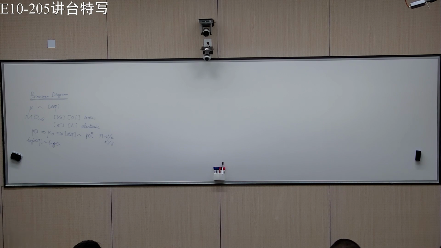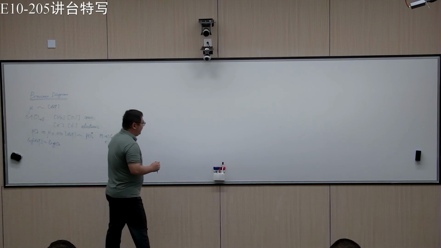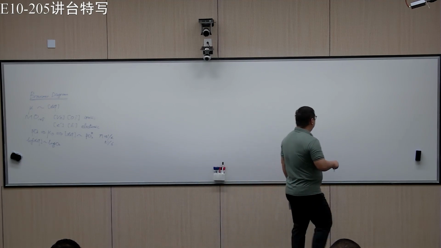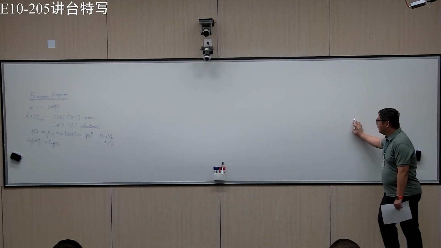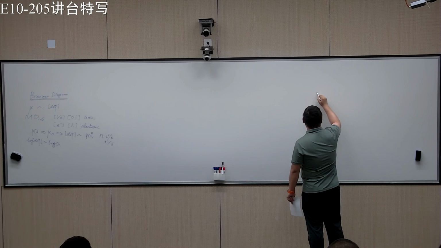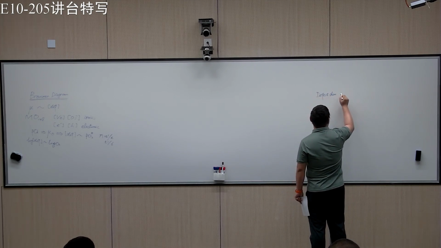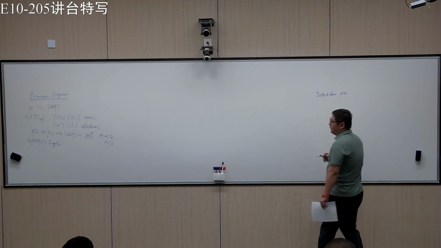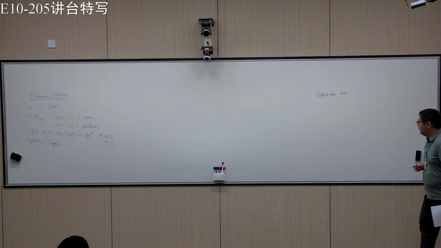Okay, so the way to solve this is we consider the defect chemical equilibrium. So we consider defect chemical reactions. We have different kinds of reactions.